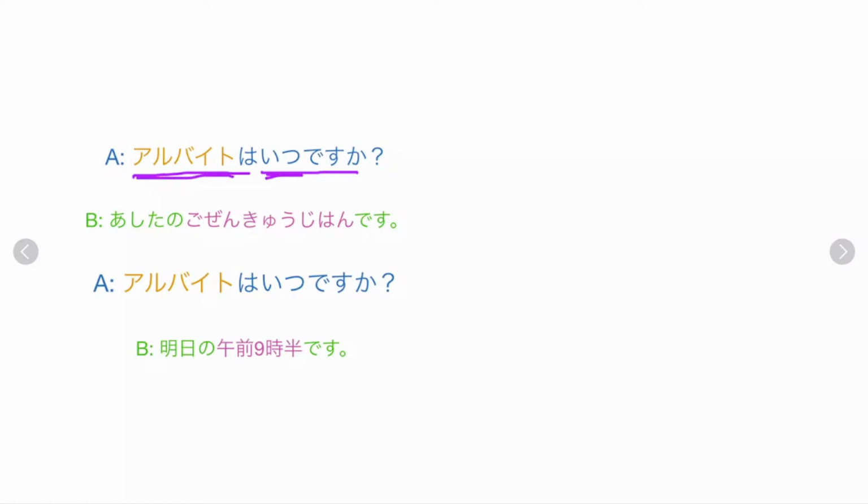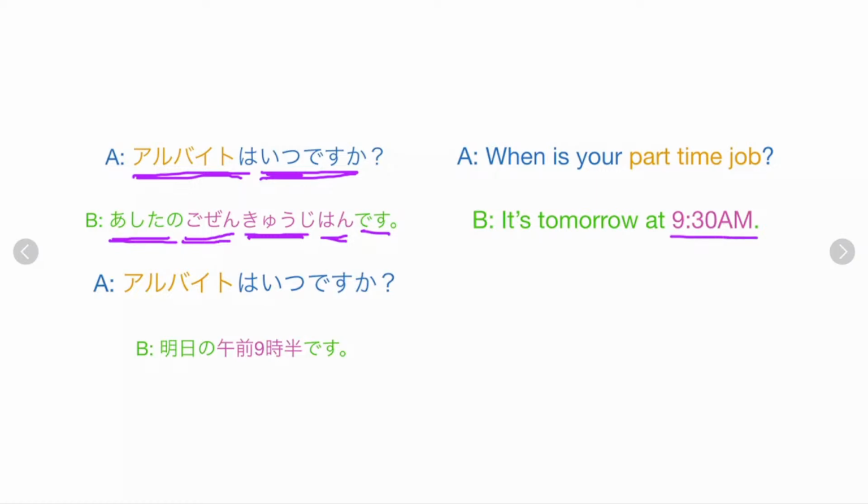So, arubaito wa itsu desu ka? Ashita no gozen 9 ji han desu. Okay. Tomorrow's morning, 9:30, right? 9 o'clock and a half. So it's tomorrow at 9:30 a.m. Okay. And this could be either han or it could be ban. It depends on how you're reading the kanji, but either one would be okay.